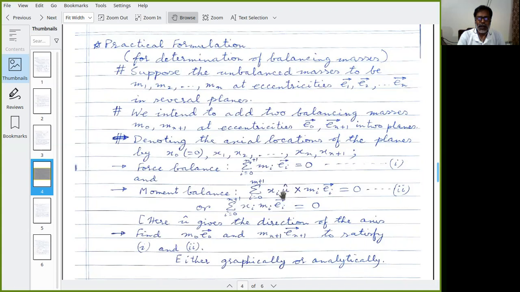Here this q is the direction of the axis. This bracket should actually close. So we basically need to find M0 E0 and Mn plus 1 En plus 1 to satisfy these two equations.